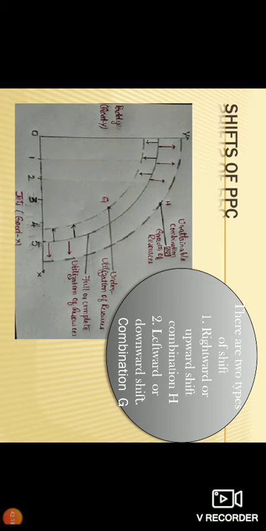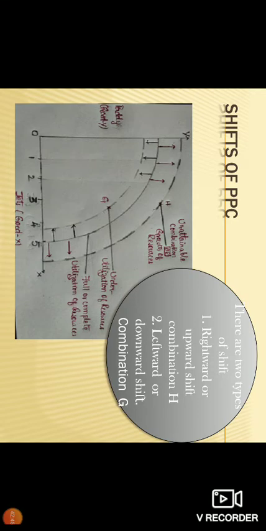If more resources are discovered, or new technology has been discovered, then the production of the economy really increases, so economic growth happens. This is the dream of every economy. The rightward or upward shift is combination H. The leftward or downward shift is combination G.